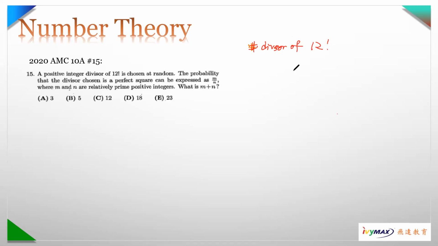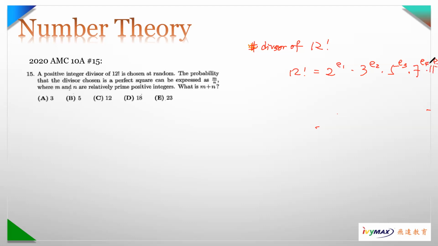So 12 factorial equals 2 to the power of some integer, let's say E1, times 3 to the power E2, times 5 to the power E3, because they have a 5 in the expression, and they also have 7, E4, and also 11, E5, right?